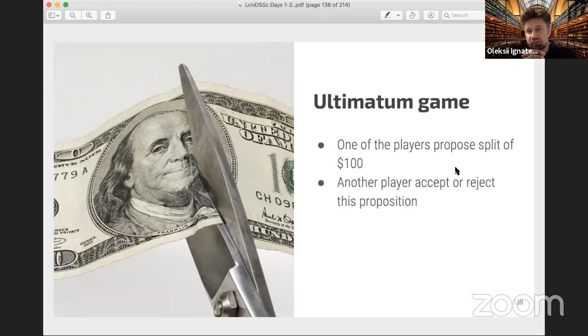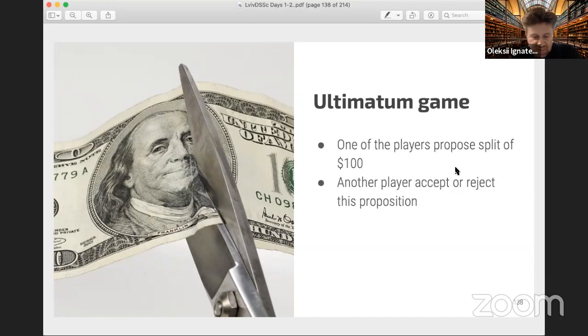So it seems that the players are in equal positions. The first player can propose but can't force the other player to accept, and the second player can't change the split, can only accept or reject.